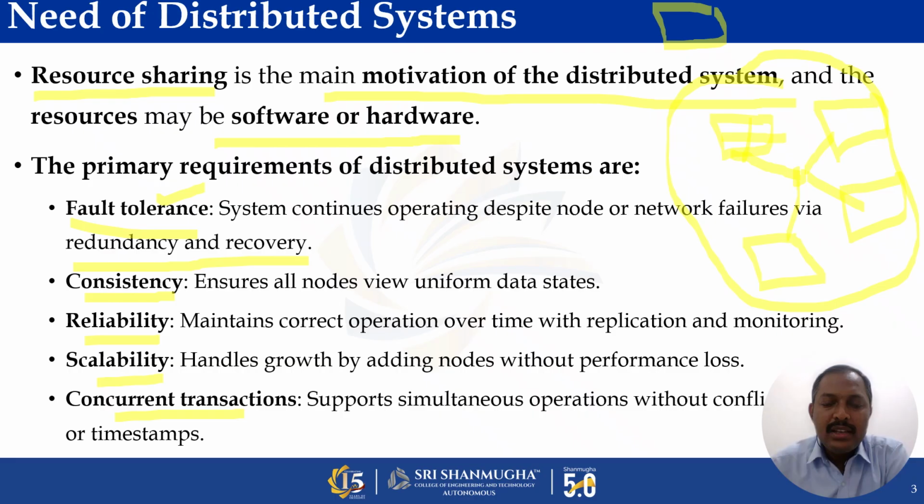Next, scalability, which handles growth by adding nodes without performance loss. If required, nodes, that means systems, can be added to manage the current requirement. Concurrent transaction supports simultaneous operation without conflicts of time or timestamps.